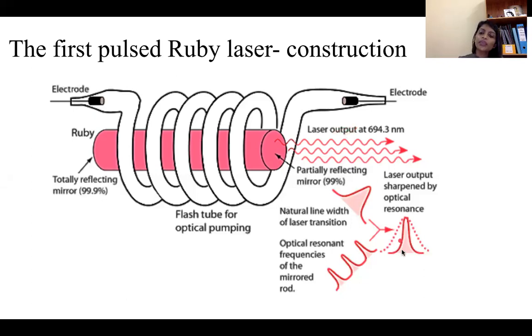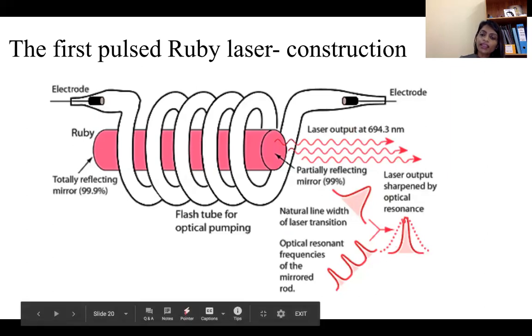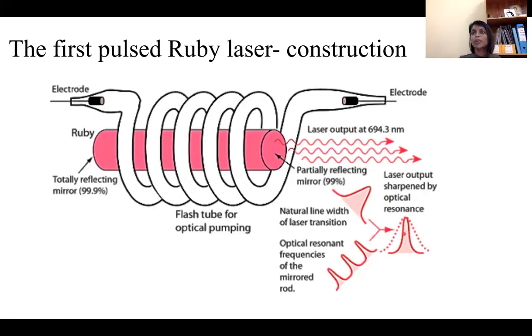And if you check the beam here, this is the beam. You can see the full width at half maximum is what we use to define how sharp or how good the output is. So you can see if it is a broader one, that means it has other wavelengths included as well.